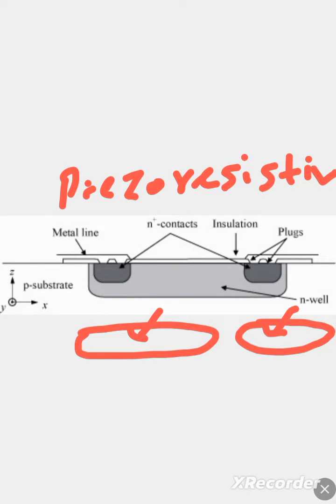So based on these principles, you have piezoresistive accelerometers, and you have piezoresistive pressure sensors.